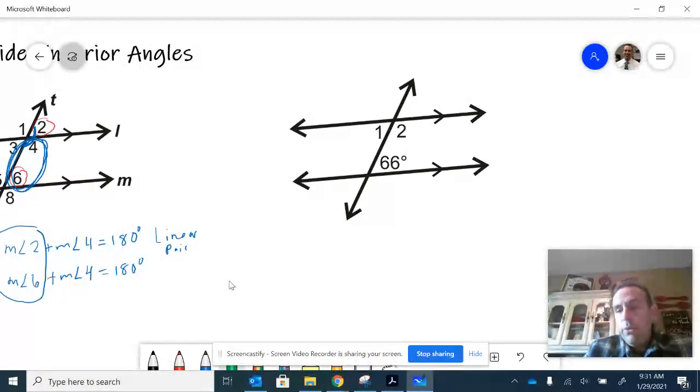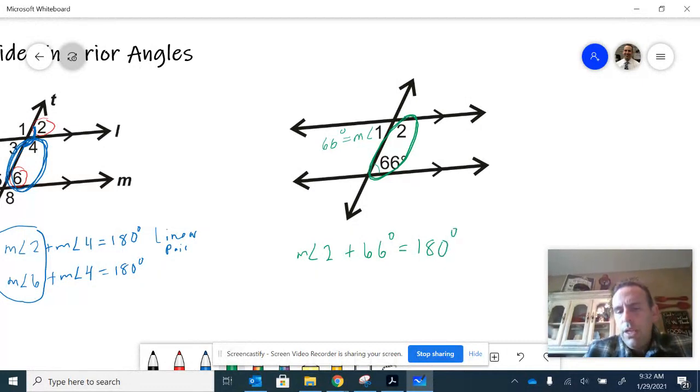So here, there's a couple ways to approach this. You could figure out pretty quickly the measure of angle 1 is equal to 66 degrees because it is an alternate interior angle to the given angle there of measure 66. You also would know that since angle 2 is on the same side and interior to the 66, the measure of angle 2 plus 66 degrees must also equal 180.